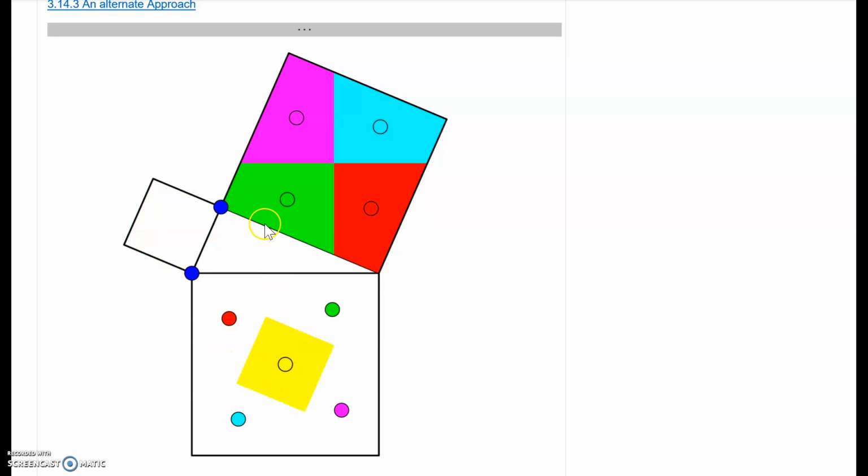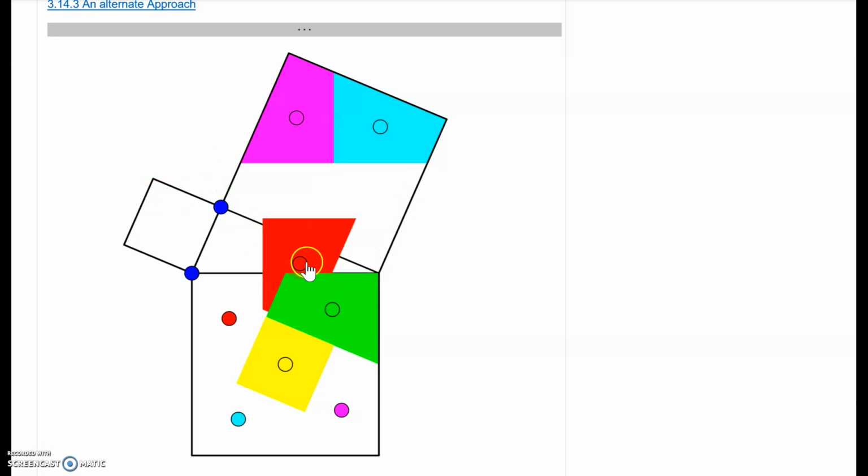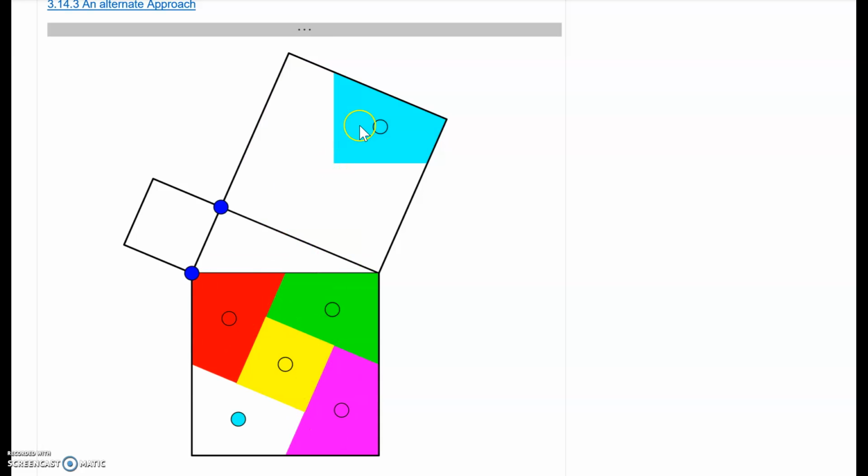And then let's suppose this longer is b, so we have b times b. The area there is b squared. And notice they equal the square that has this side length, or c.